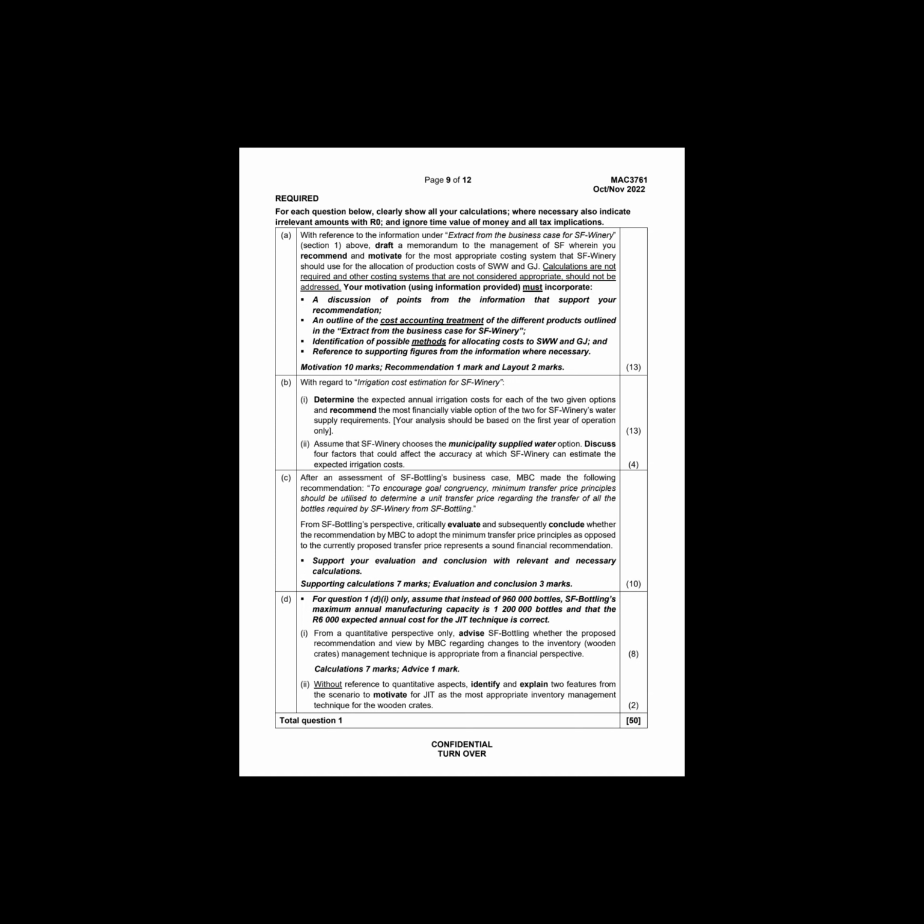So you will go to the scenario and see the 2 options that are given, and then you basically want to pull those costs together for the 2 options. This is what it's basically asking us.